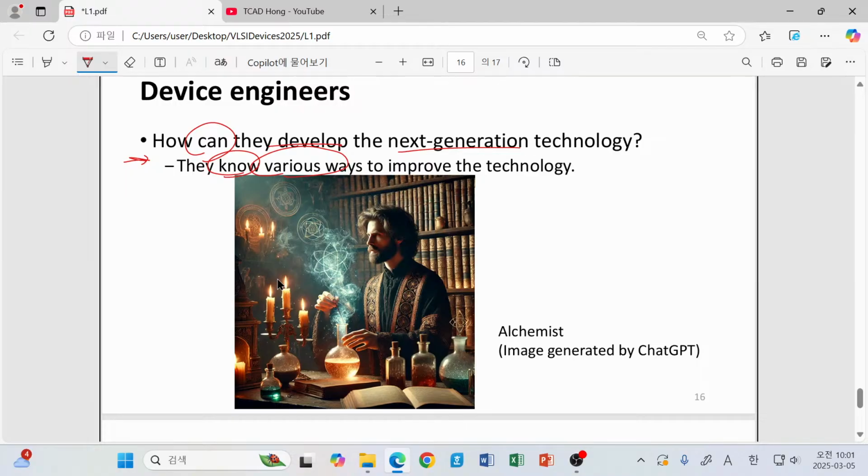But that is the main body of our lecture. The reason why I prepared this image is, he is an alchemist. He does something that looks like magic, but what is the principle inside it?